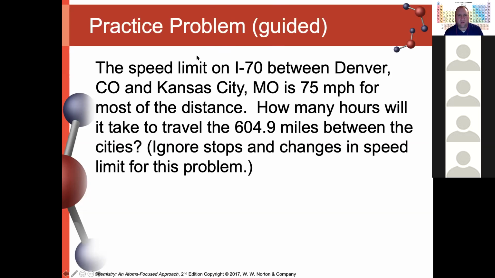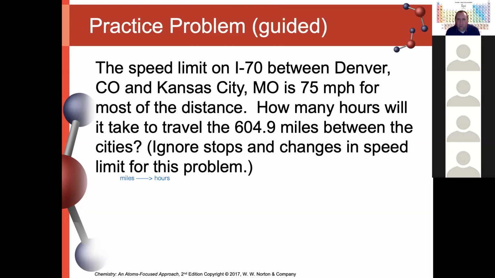So from that standpoint, what we need to do is a conversion here. Ultimately, we're going from miles all the way to hours. The conversion factor that we have for this is our speed, 75 miles per hour.